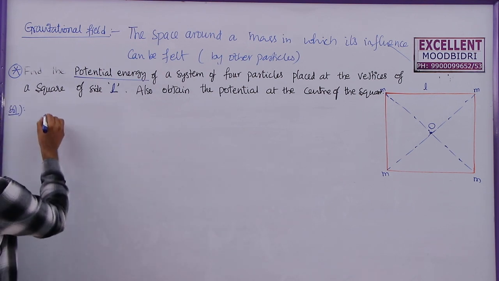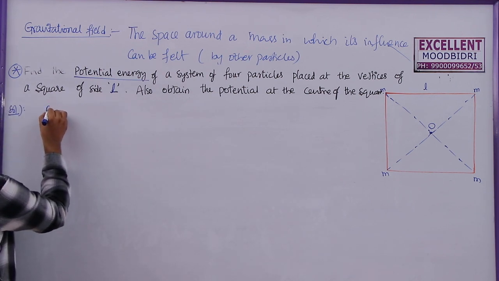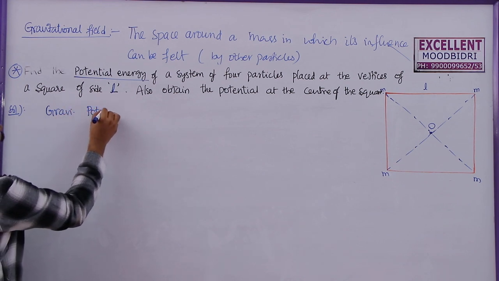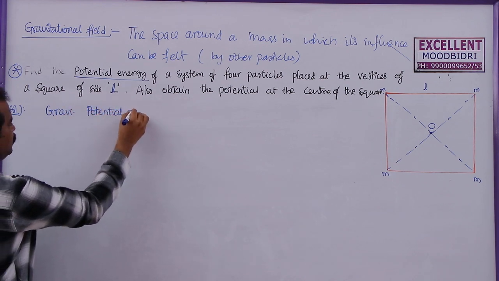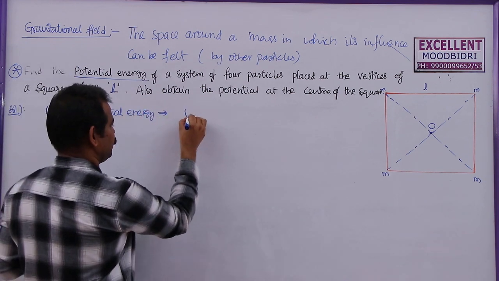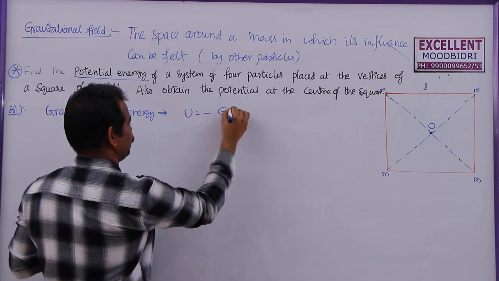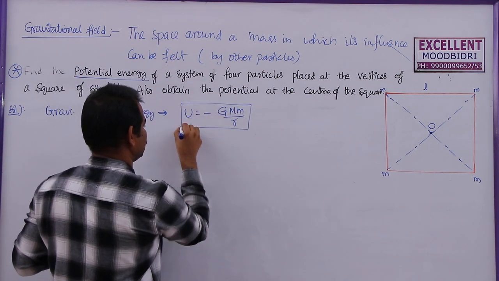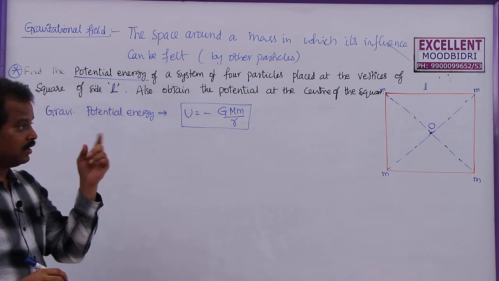The gravitational potential energy of two masses is given by minus capital G, capital M, small m by r for two particles. But here, how many masses are present?